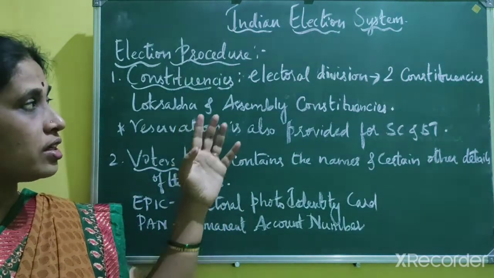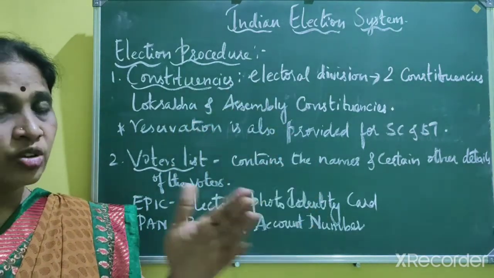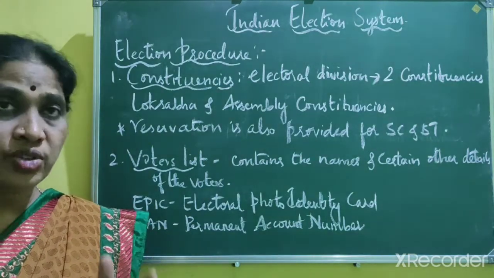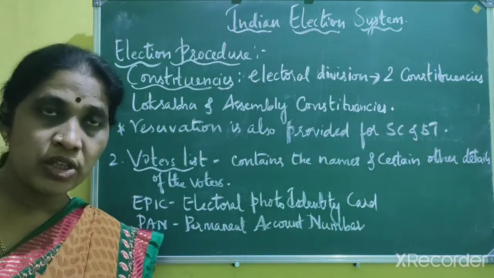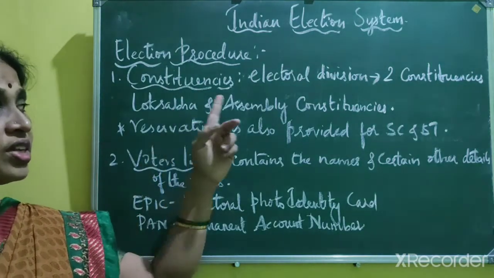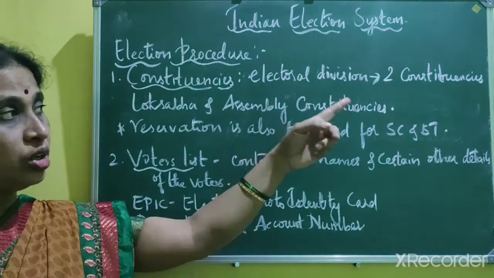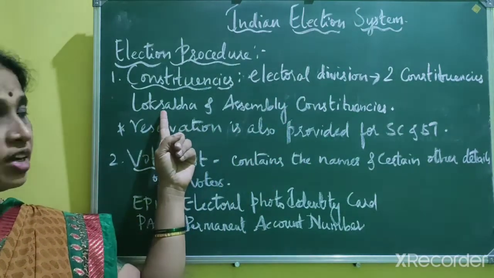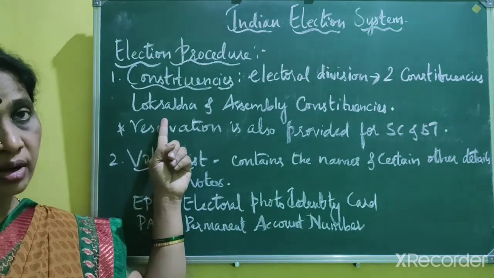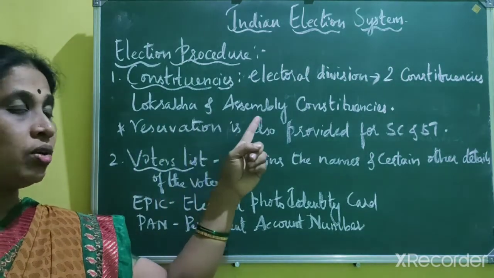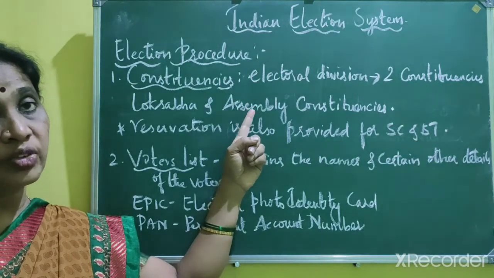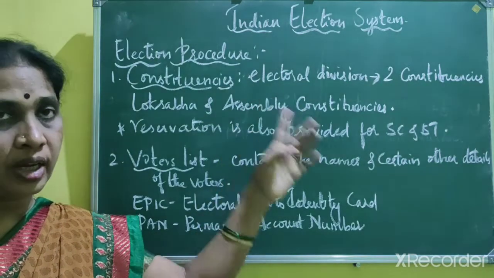So the state has been divided into small electoral divisions, called constituencies, based on population. Those who contest for the Lok Sabha constituency become MPs, and those who contest for the assembly constituency become MLAs.